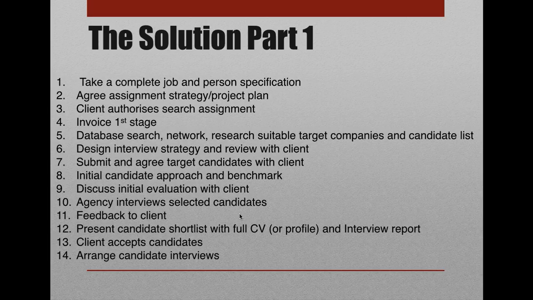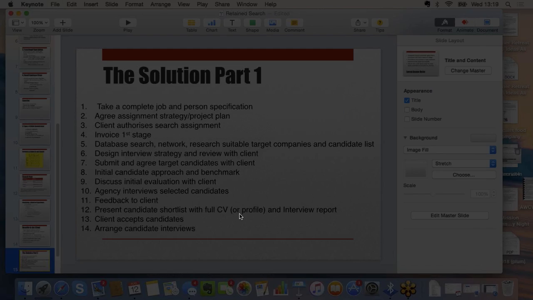And then I would start approaching the candidates, headhunting them, and looking at how I can evaluate them effectively in that initial call. I would probably be looking at benchmarking now and thinking about which ones I would want to draw into my initial evaluation, and then I would get them to me, or I would go to them and interview those candidates specifically using the CBI competency form I've just given you.